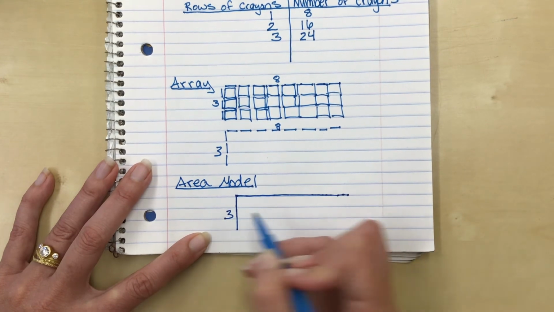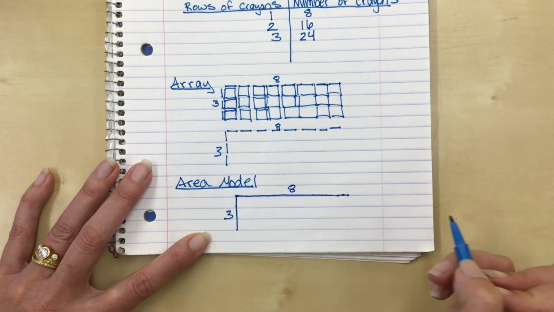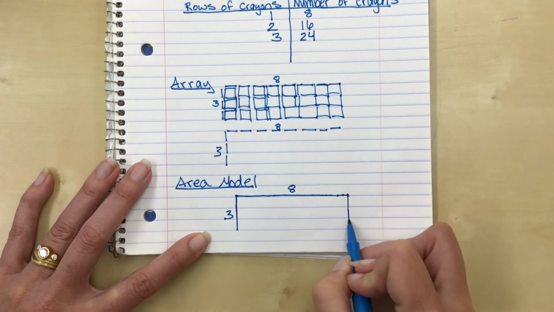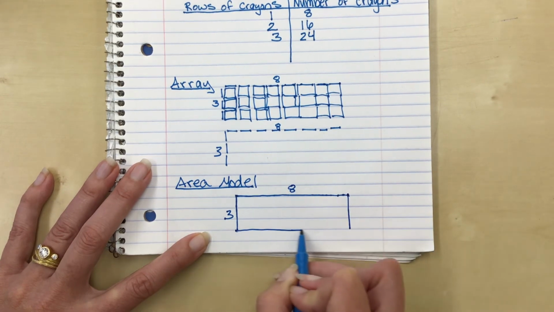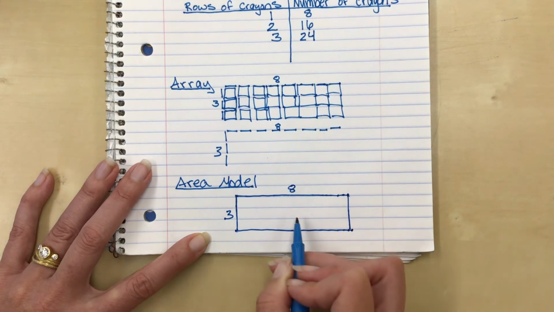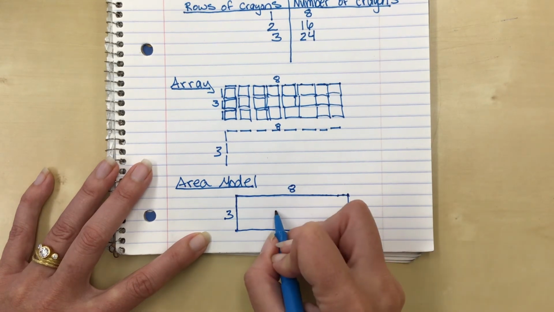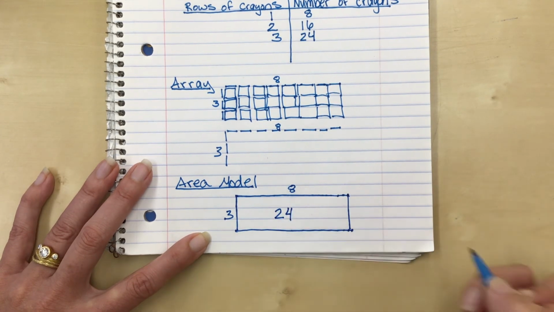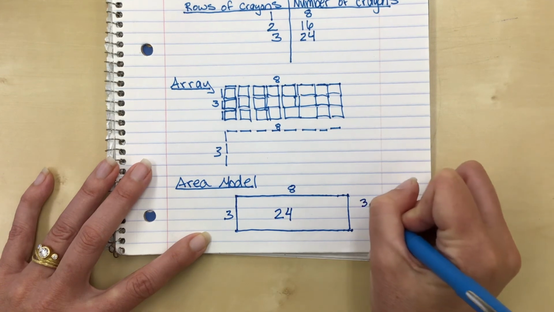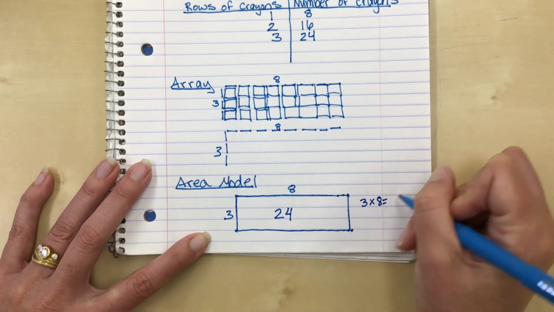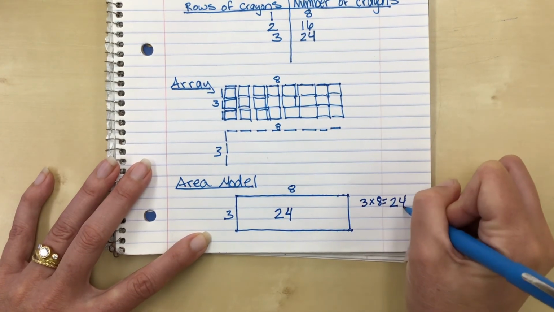I'm going to label this 3, and label this 8. And then I'm going to close it. So now it's a rectangle, like a carpet. 3 times 8 is 24. And I can label that here. 3 times 8 equals 24.